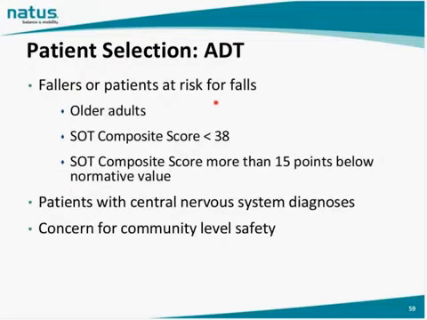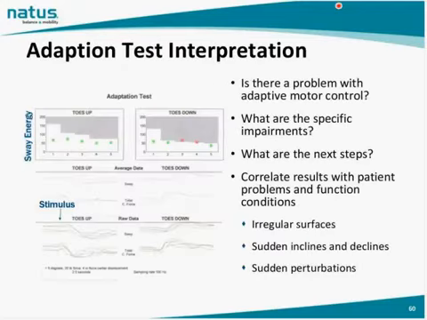It's very critical in patients at risk for falls: your older adults, people with bad composite scores, patients with central nervous system diagnoses, or anytime you've got concerns about community level general safety. Those responses, here we have toes up.